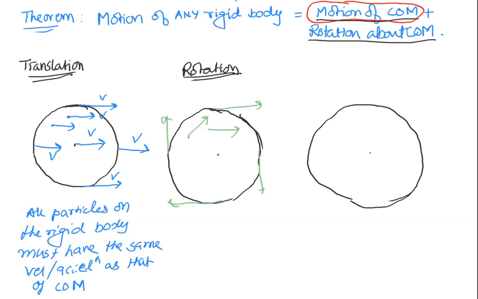Every particle must have a different velocity. The velocity of any particle on the rigid body, due to rotation I'm talking about, is given by r omega, or r alpha if we are talking about acceleration.